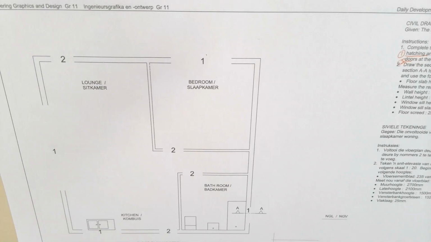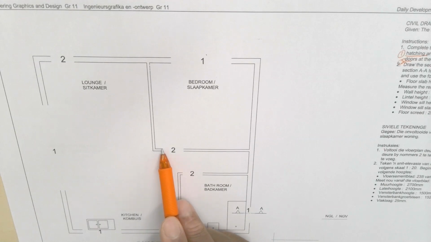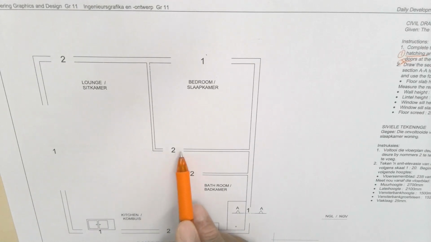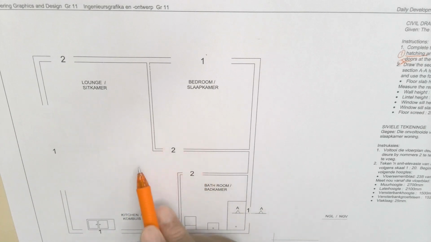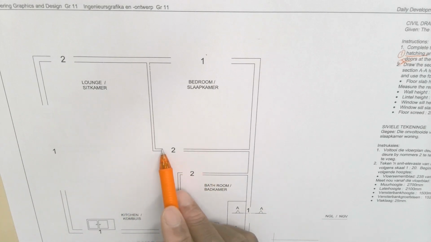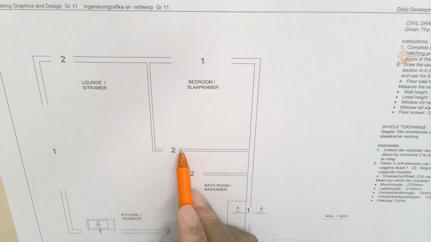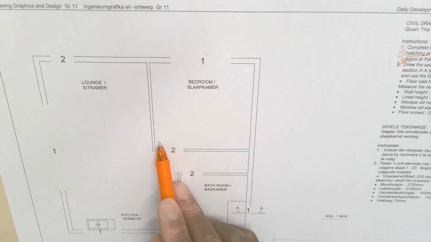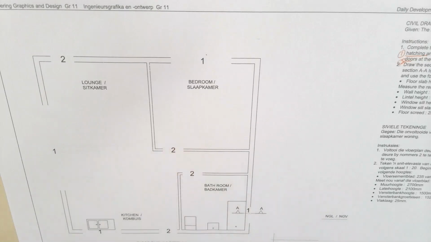Now, it is very important that you take note of this. This wall is the shortest wall amongst these walls here. Therefore, the door opens towards the shortest side of the wall.